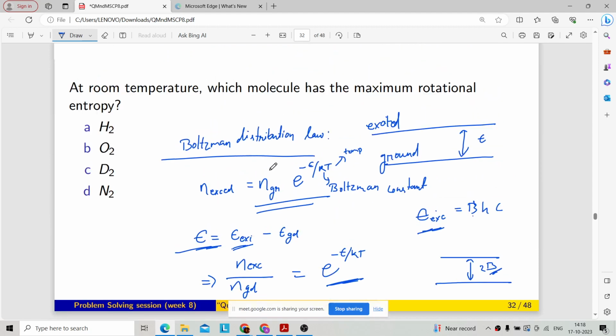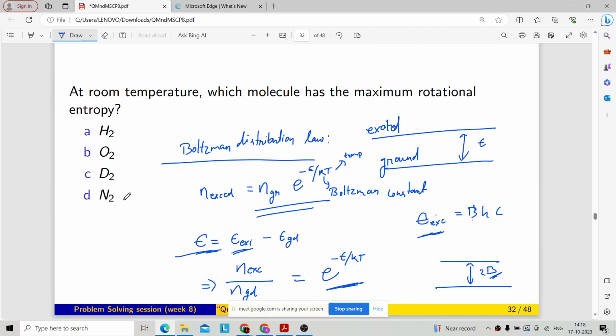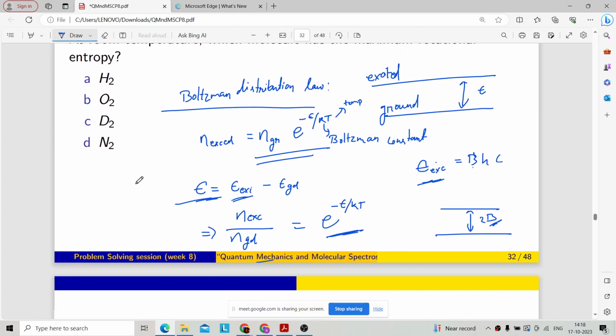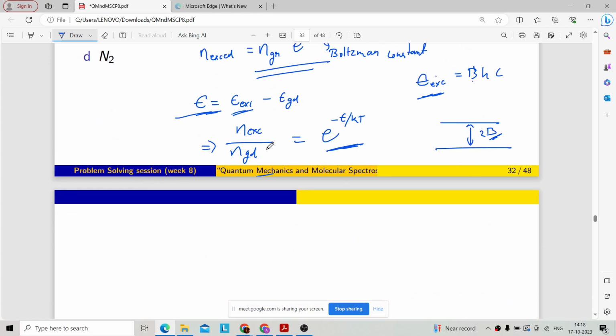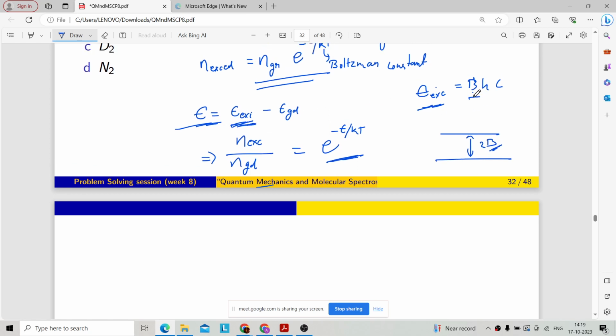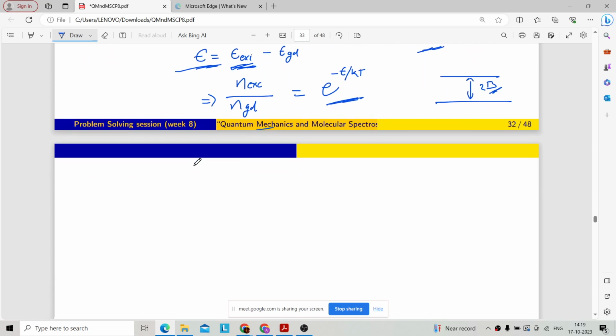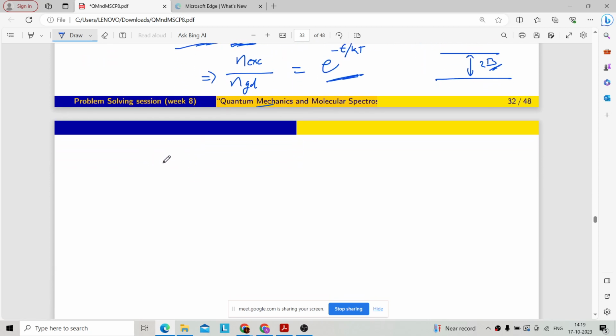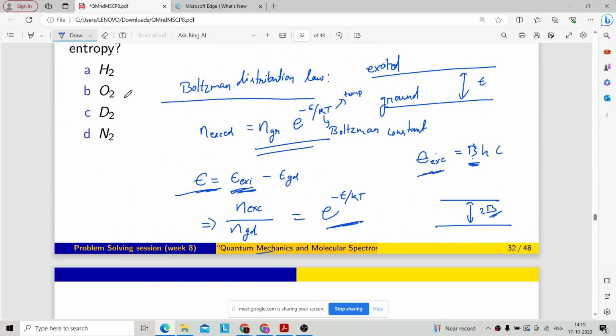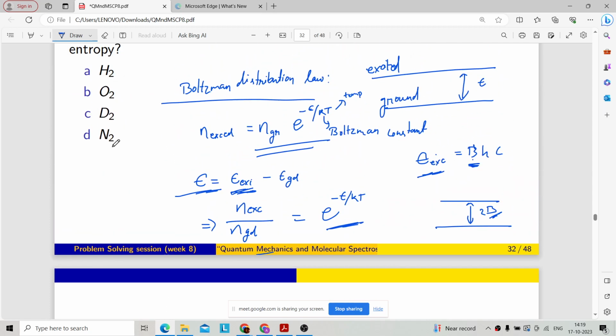Now we have 4 kinds of molecules. So we saw the ratio is dependent on the energy difference, and this energy difference is dependent on the energy of the excited state, and this excited state energy is dependent on the constant B. We have 4 kinds of molecules, right?